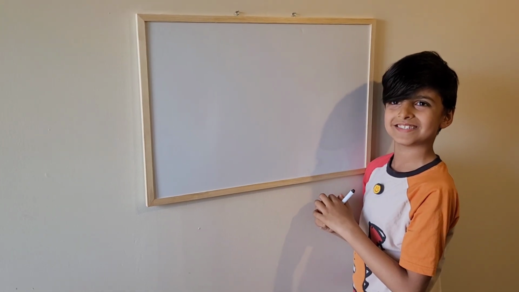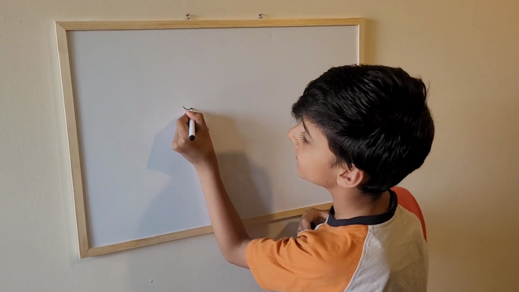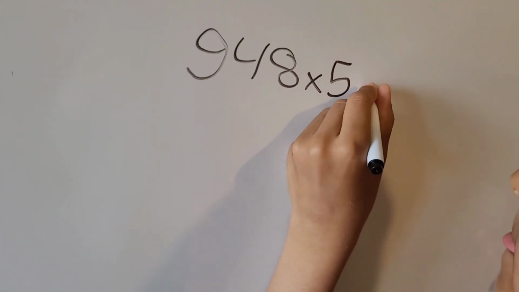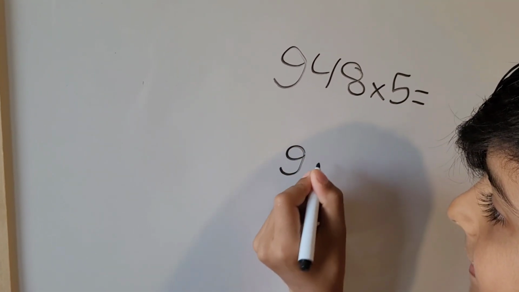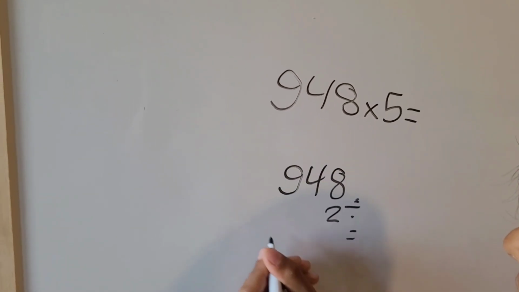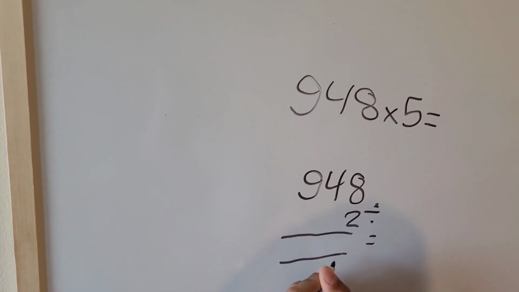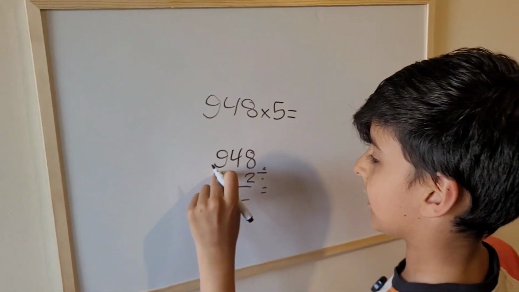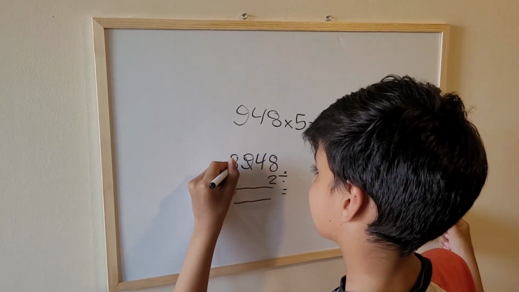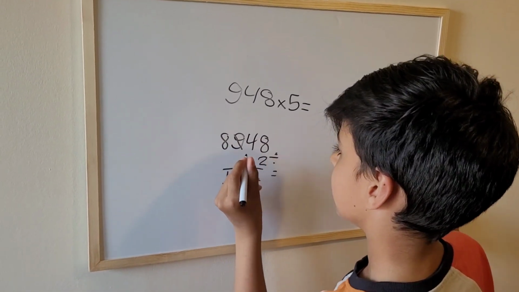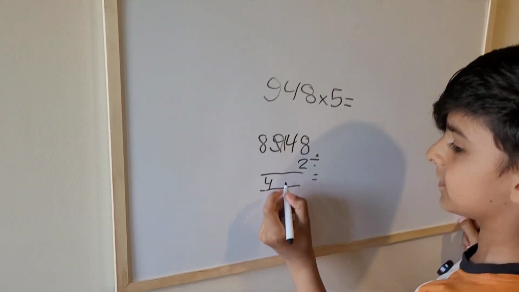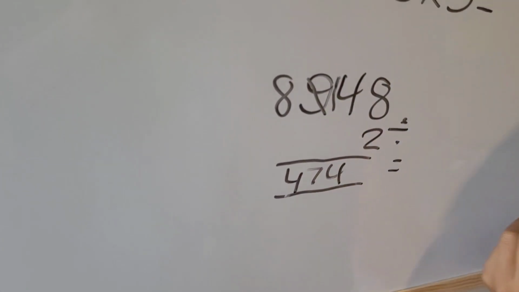Now we are going to look at another example, which is 948 times 5. You can do 948 divided by 2. Double digits. 9 is odd, so we don't need this anymore. We need an 8. 8 divided by 2 is 4. You can do 48 to 148. 148 divided by 2 is 74.